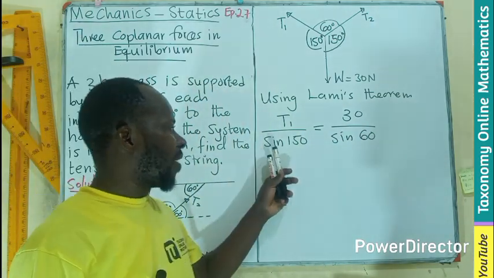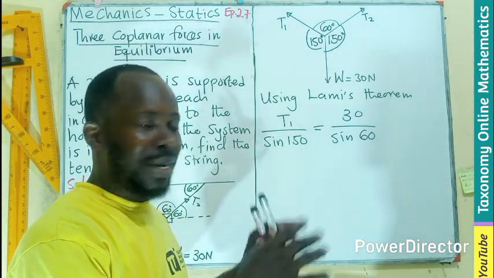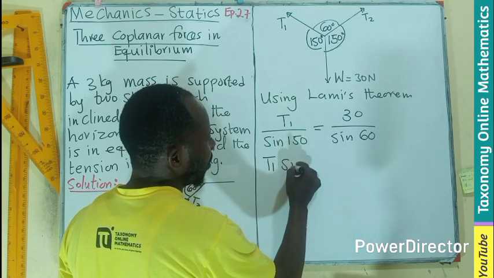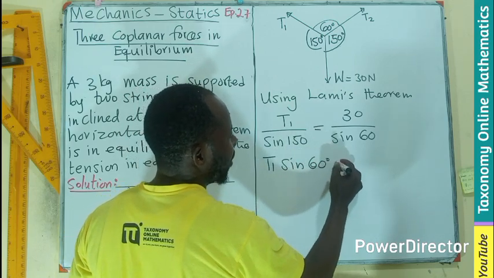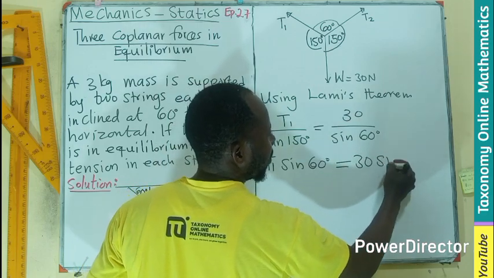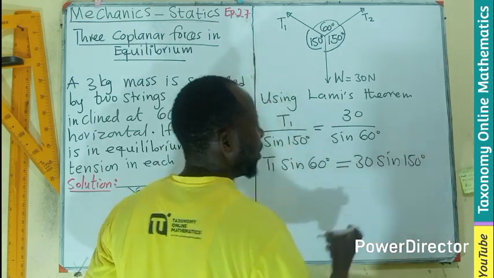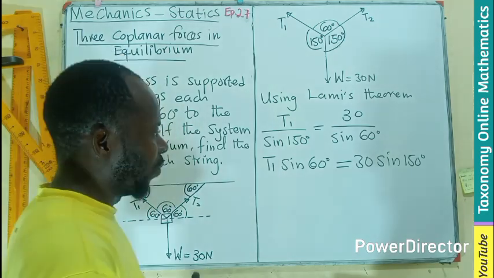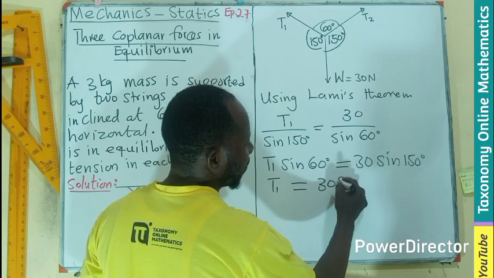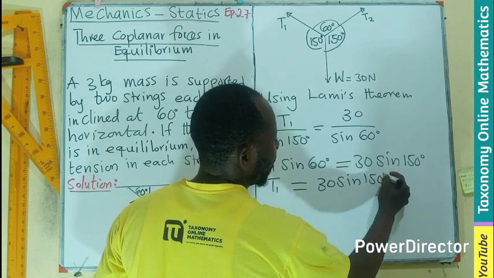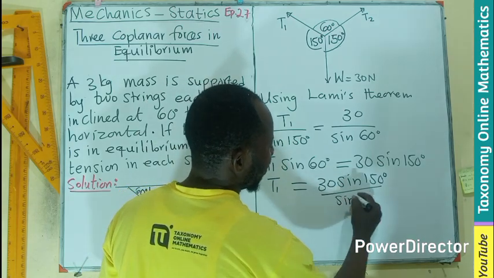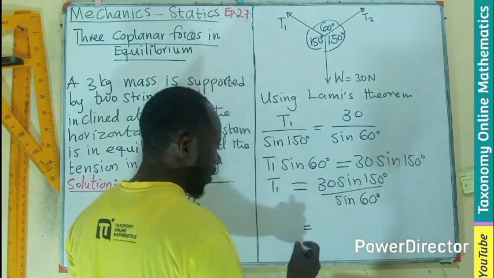Instead of finding this in decimal, we maintain them and cross multiply. This will give you T1 times sine 60 degrees equals 30 times sine 150 degrees. Because we are looking for T1, we divide by sine 60. So T1 equals 30 sine 150 divided by sine 60 degrees.